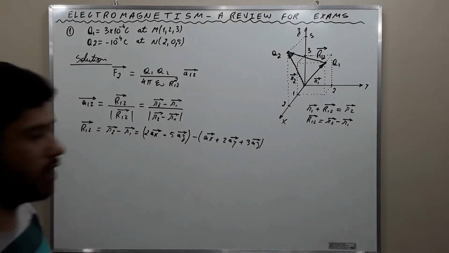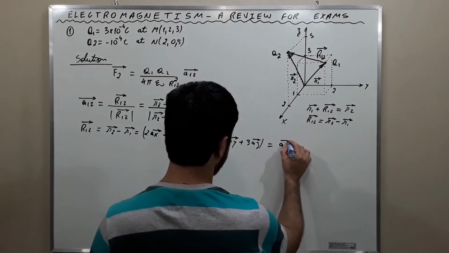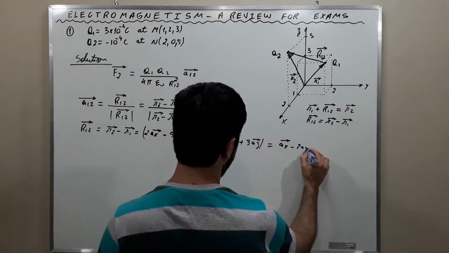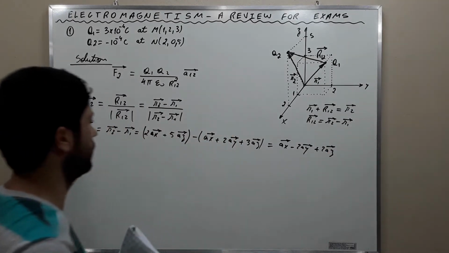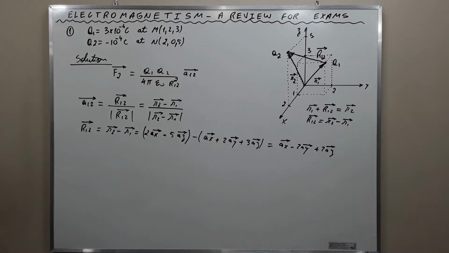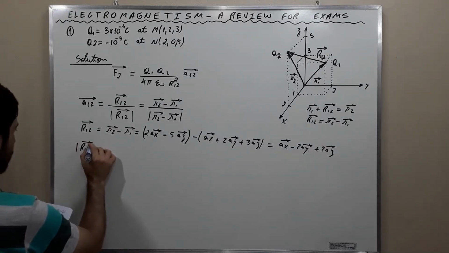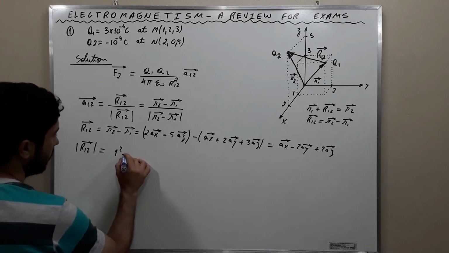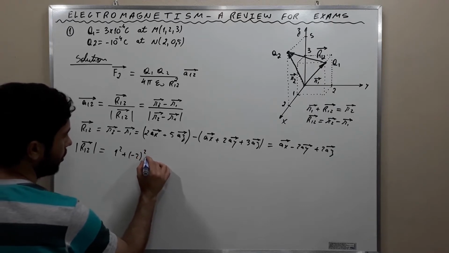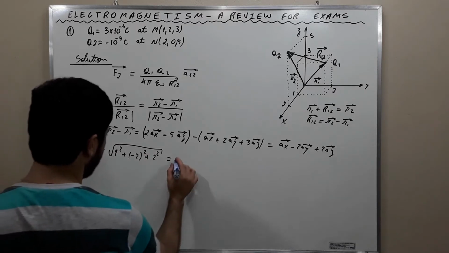And if we develop, we get that R12 is ax minus 2ay plus 2az. Okay? Now we have to calculate the magnitude of this vector. The magnitude is going to be the square root of 1 squared plus negative 2 squared plus 2 squared, and this is 3.